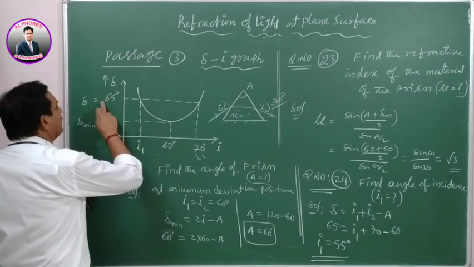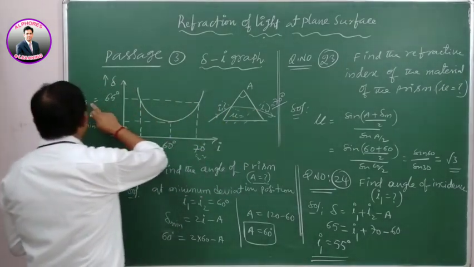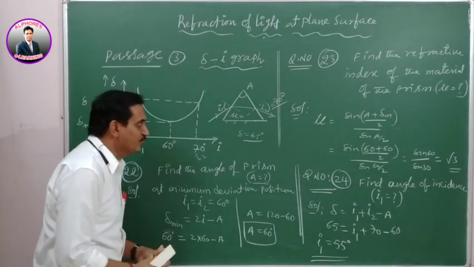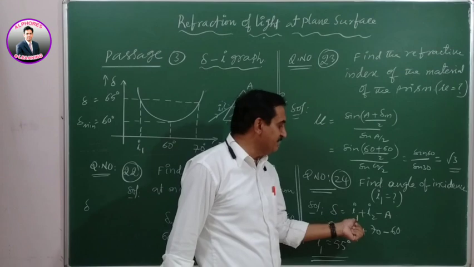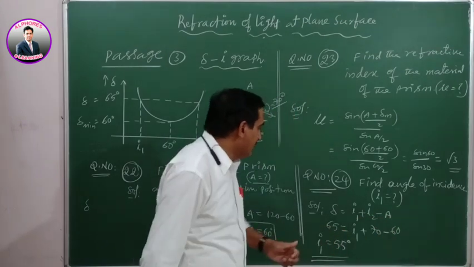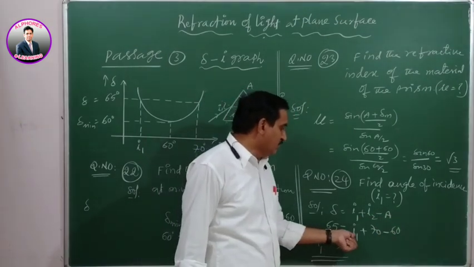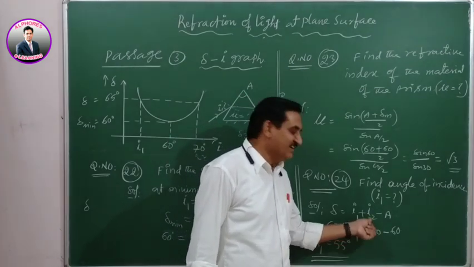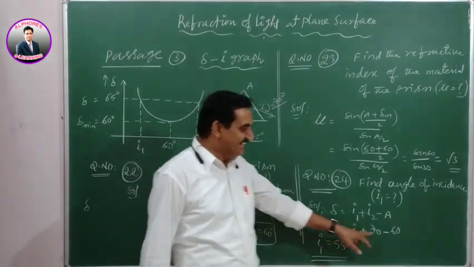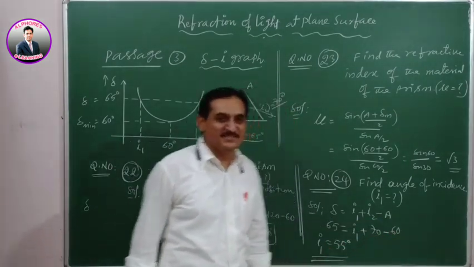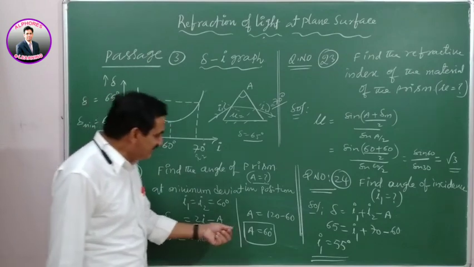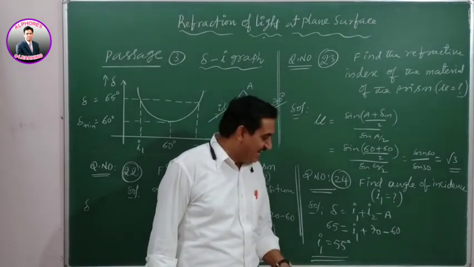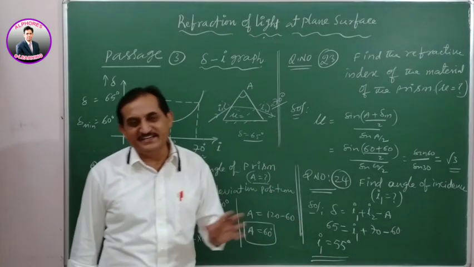The deviation delta for these values is given clearly, the delta is 65 degrees. Therefore, delta equals I1 plus I2 minus A. Delta 65 is equal to I1, which we don't know, we have to find this I1, plus I2 given as 70, minus A, the angle of prism, already calculated in the first question. Therefore, 60 substituted, by simplifying you will get I1 is equal to 55 degrees.